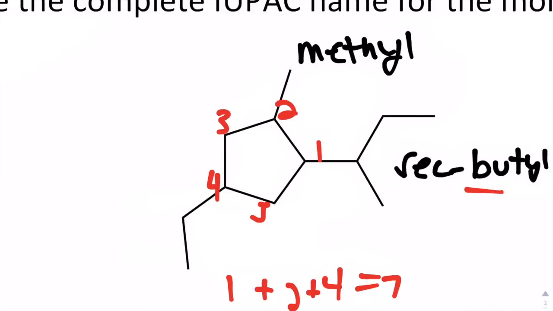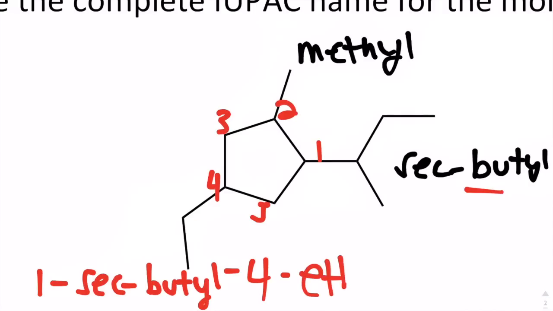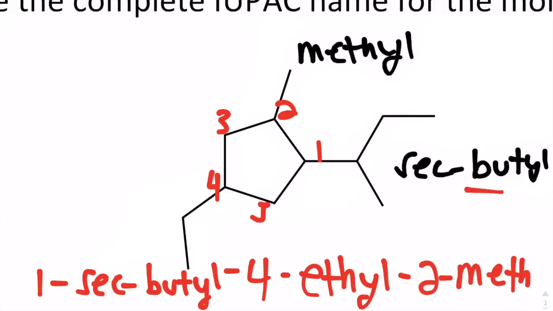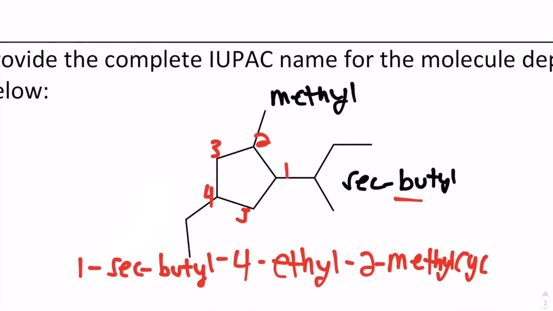Okay, so if I were to name this properly, it would be something like this. 1 sec-butyl, 2 methyl, 4 ethyl, 2 methyl, cyclopentane.